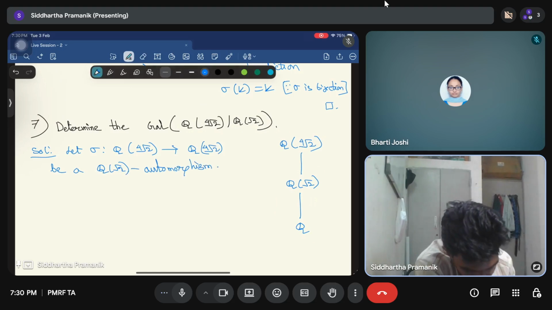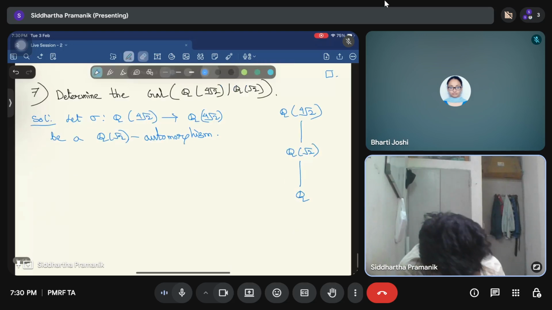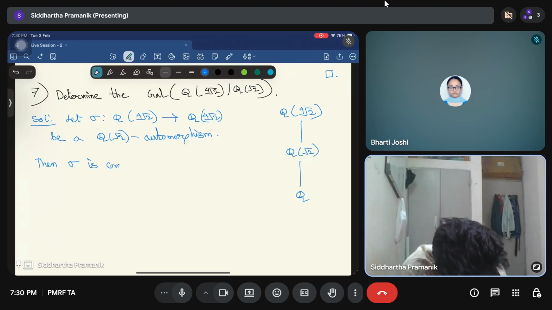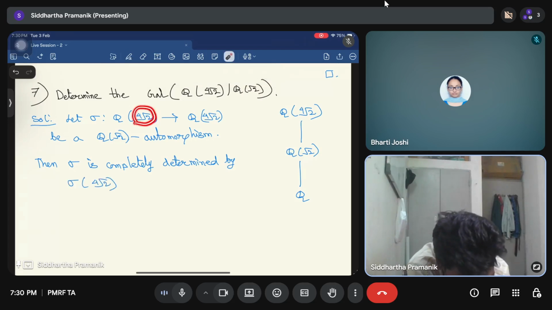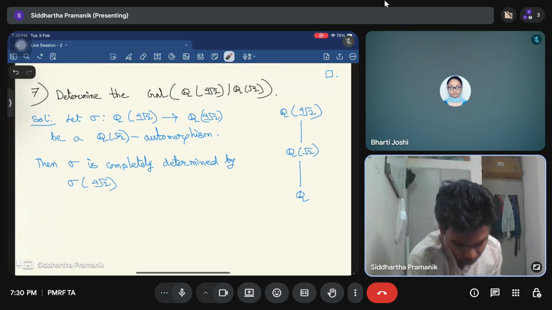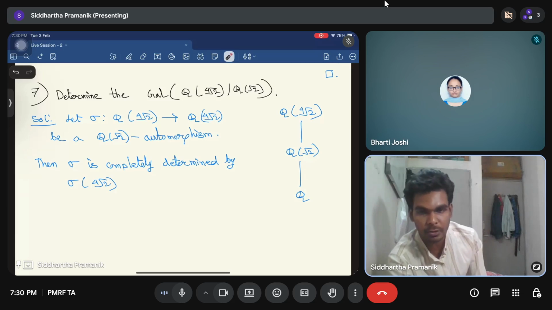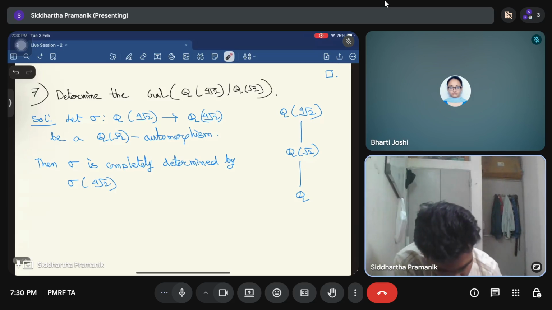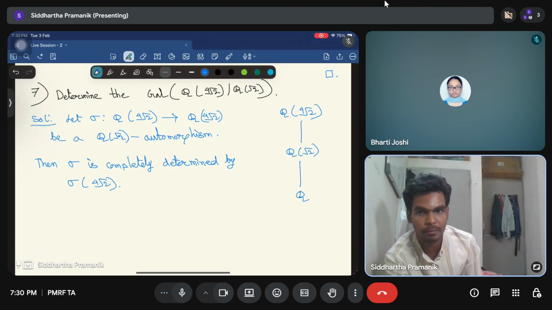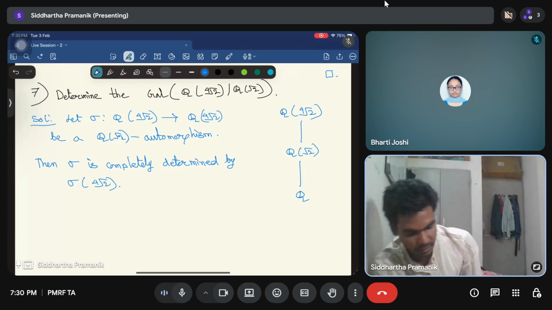Then sigma is completely determined by the image of this thing, right? Because this thing generates the whole field. So we only need to check the image of the generator. What are the possibilities of this image? We need to find that.